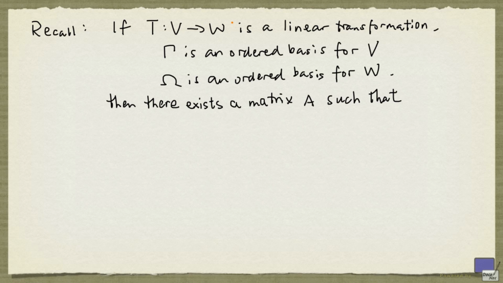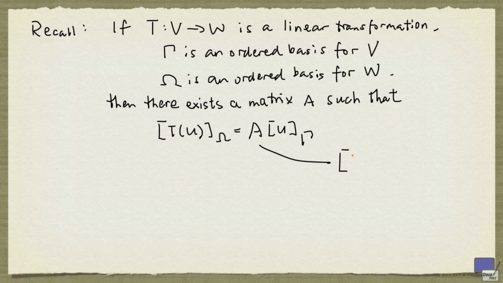Suppose that T is a linear transformation from V to W, where V and W are vector spaces, and gamma is an ordered basis for V, and omega is an ordered basis for W. Then what we have seen is that there exists a matrix A such that the tuple representation of T(u) with respect to omega is given by A times the tuple representation of u with respect to gamma. And we denoted this matrix A by this. And this is true for all u in V.